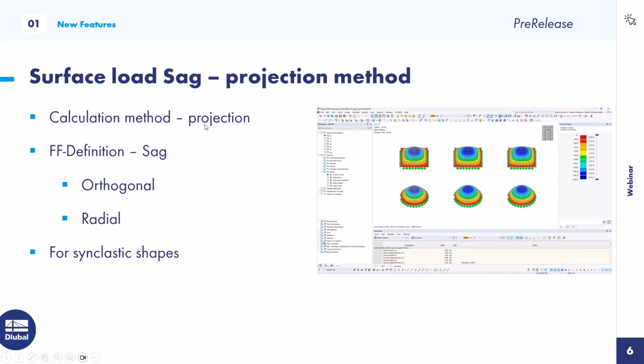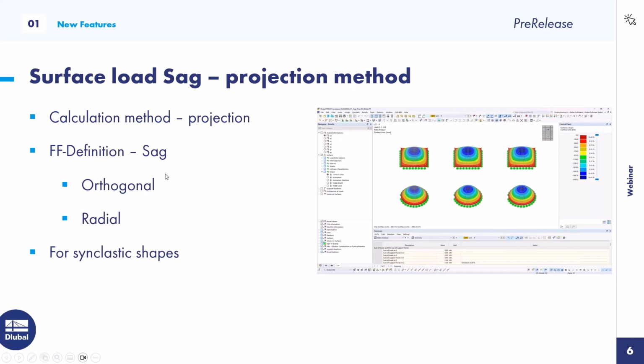Maybe you took part in my latest webinar where we checked cushions. There we showed the surface load SAG for the standard method, and now we filled the gap and are also going to introduce the surface load SAG for the projection method. So the definition is SAG, so you only have to define a ratio of your inner forces and a SAG, a bending height.